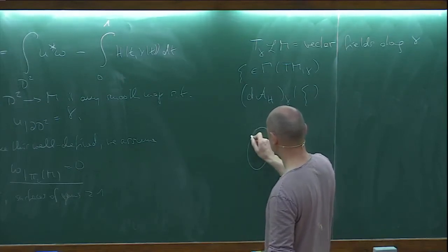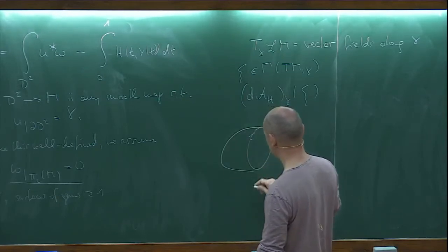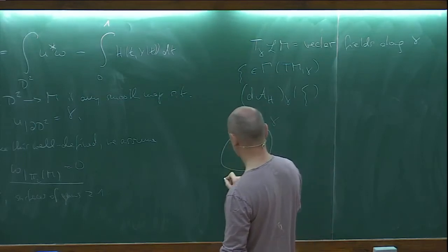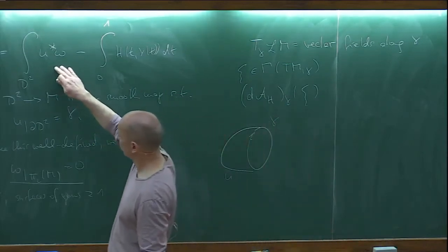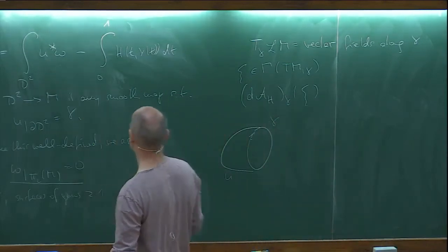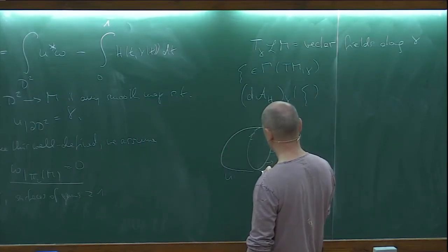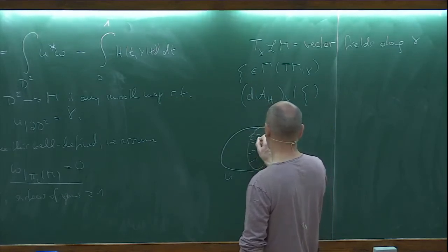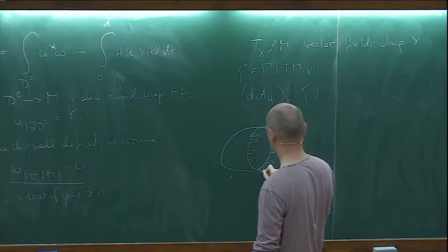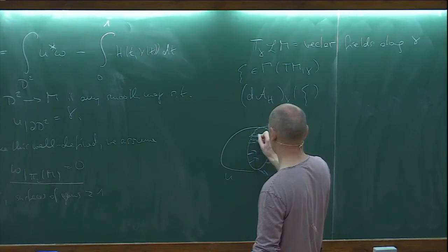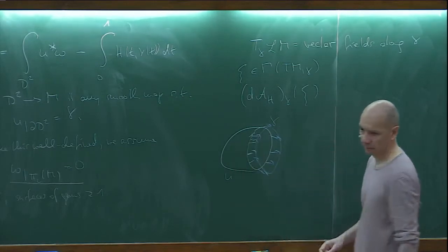Suppose here is my gamma, and I have my choice of disk U. Now, if I want to understand the infinitesimal change of the symplectic area, I have my vector field C along gamma, and if I exponentiate that, I get a family of nearby curves.